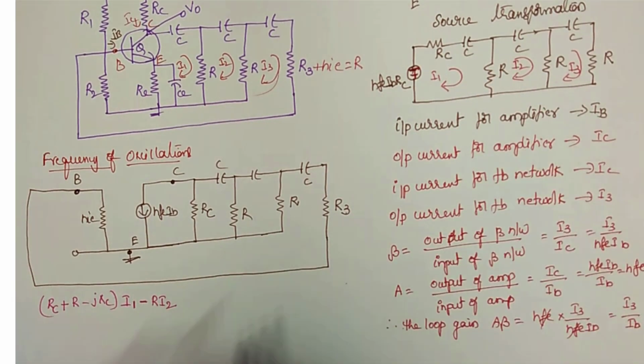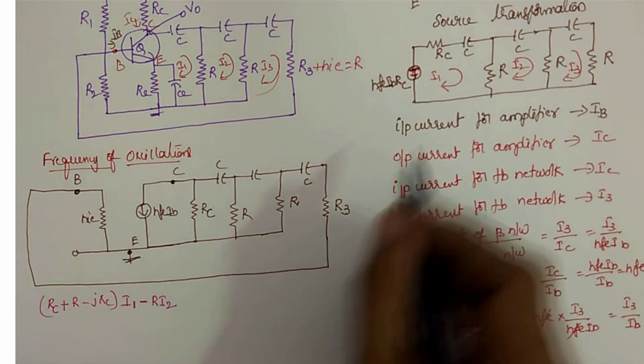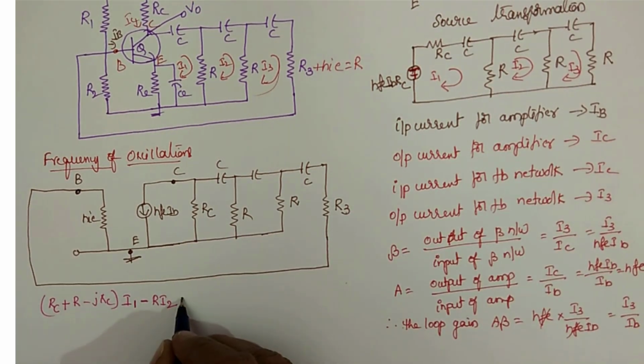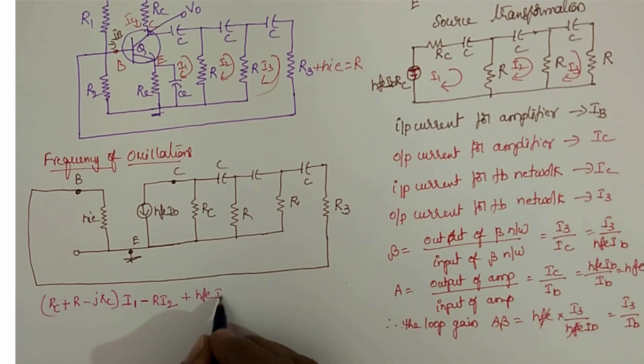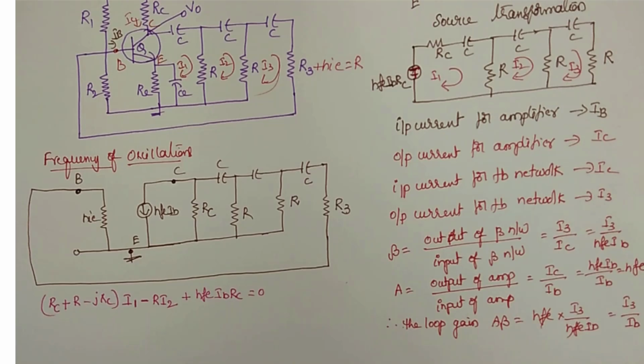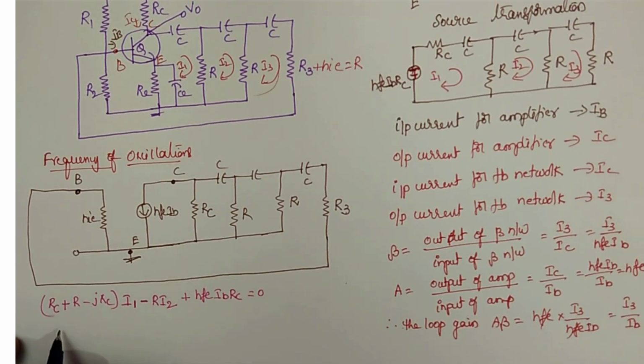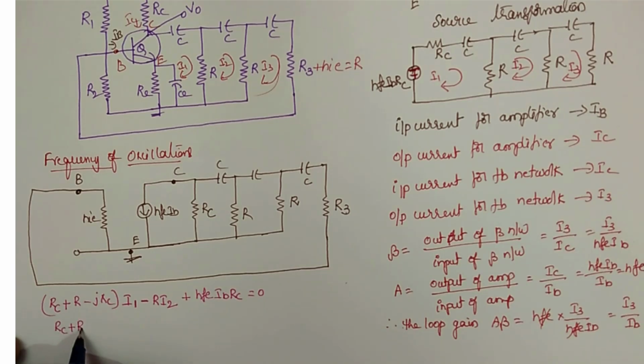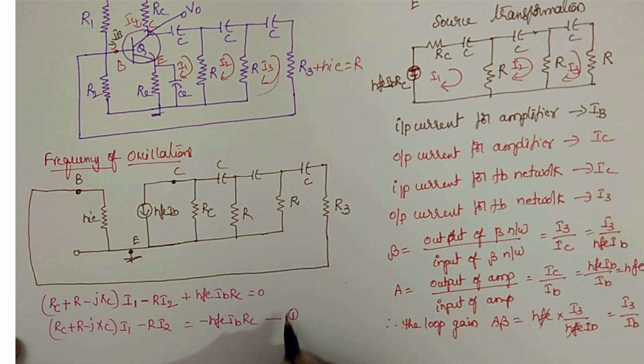So both are in opposite direction. So it is minus R I2. And there is a voltage source, HFE IB RC, equal to 0. Now I am modifying it: RC plus R minus JXC of I1 minus R I2 is equal to minus HFE IB RC. Let it be equation number 1.